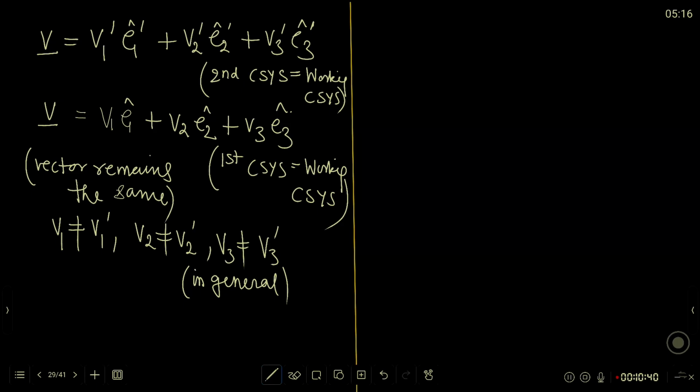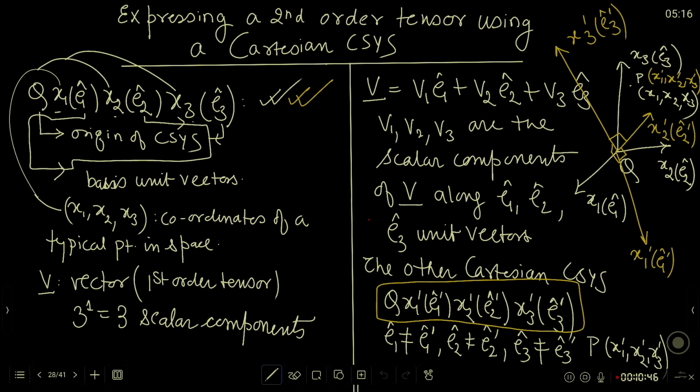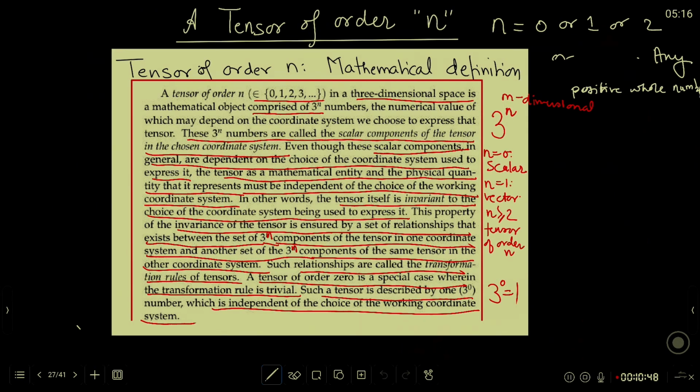Why am I going over these aspects of vectors? It is because I want to tell you that whatever you know about vectors, they are in line with whatever is there in this text that is talking about tensor of order n.